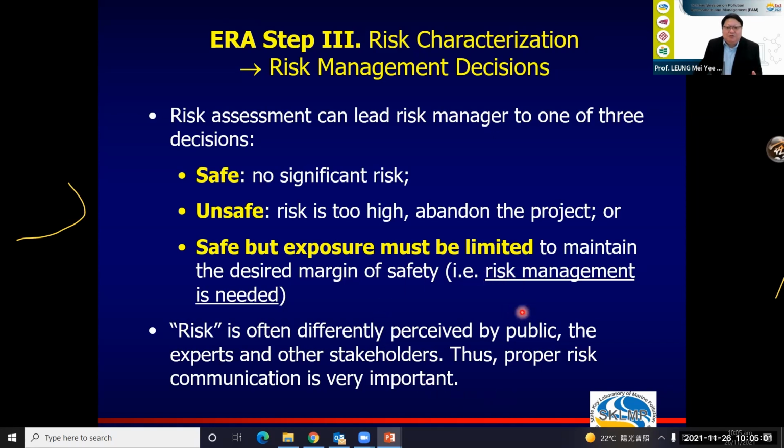In fact, they can eat the fish. Maybe some species of fish will have higher concentration like those tuna. Then they should have less consumption, moderate consumption. We have to tell them how to behave so that they can minimize the risk of exposure.